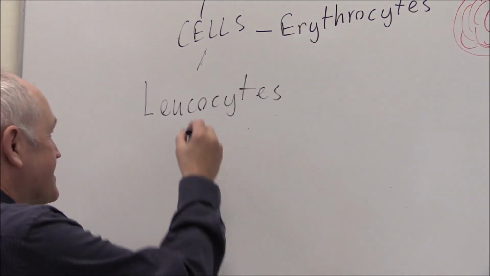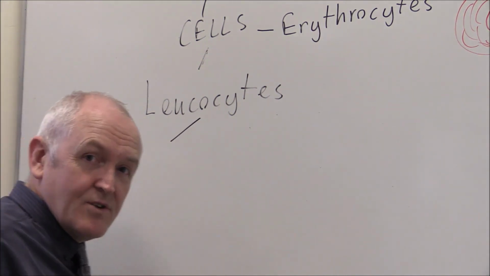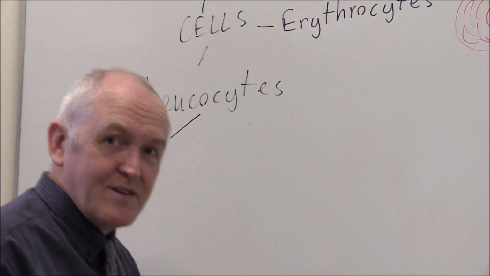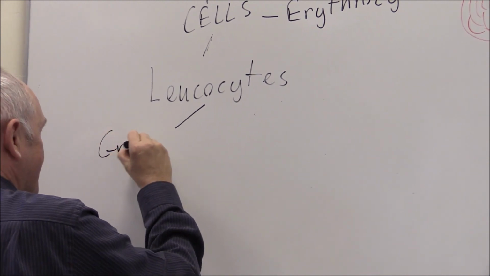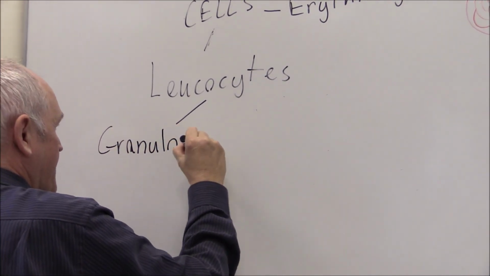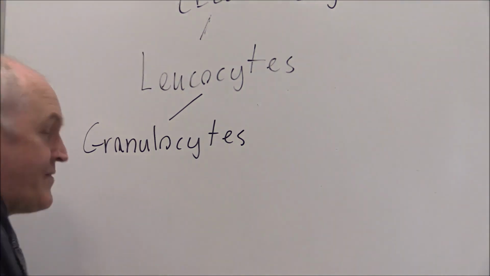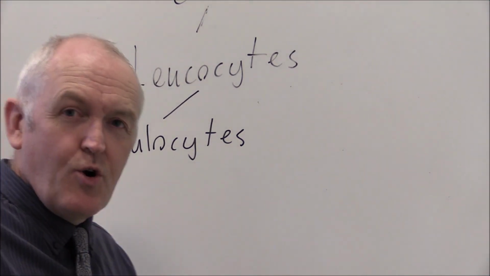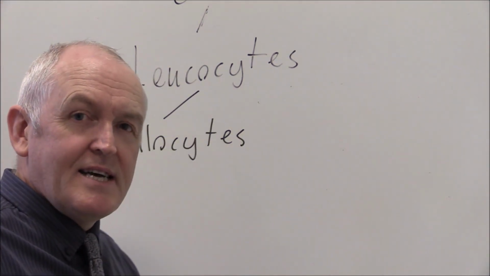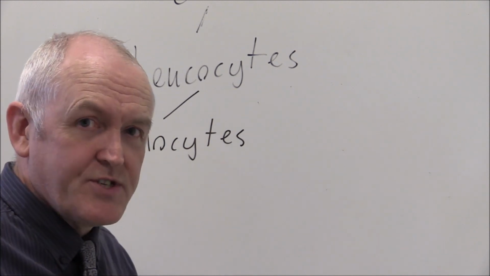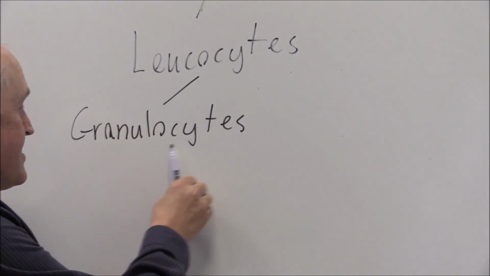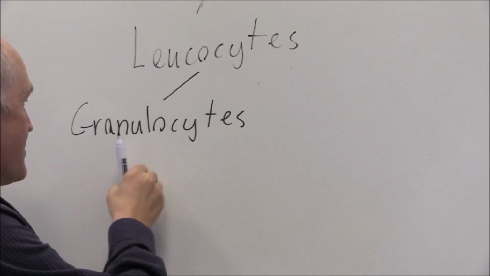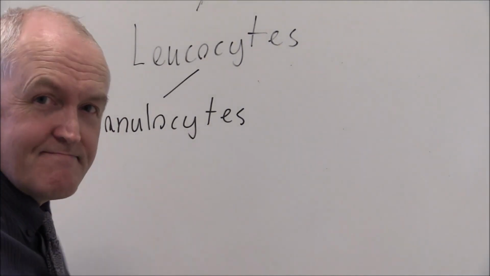So the leukocytes, there are a class of leukocytes, that is a class of white blood cell called the granulocytes. And the granulocytes are so called because they have visible staining granules in their cytoplasm. So granulocytes, the cells with granules.